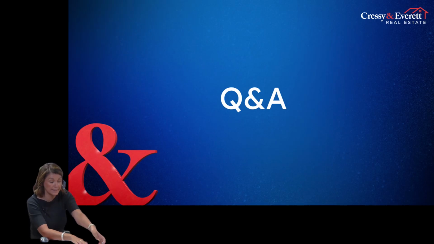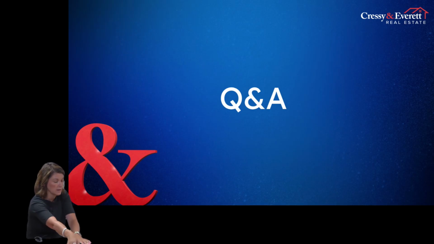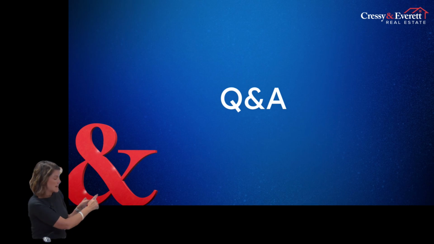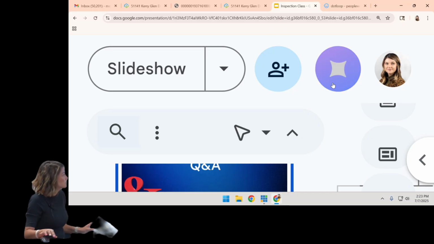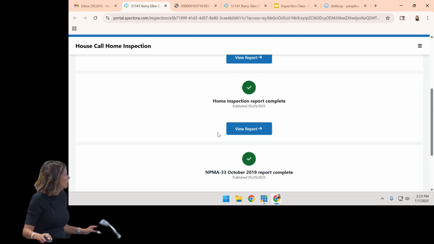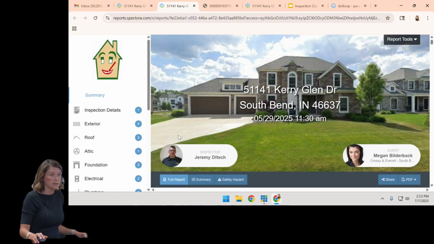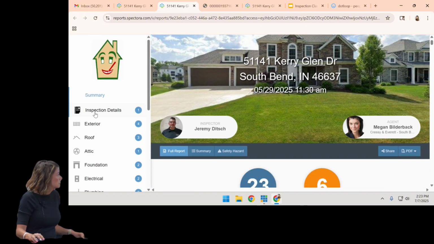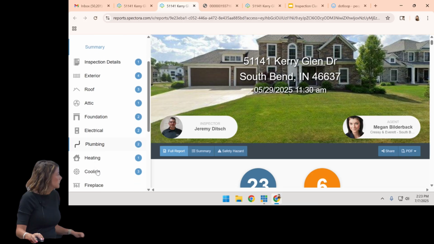So when I'm writing an inspection response, this is a great way. When I'm writing this inspection response, I'm always referencing the home inspection. I am always referencing the HVAC, heating.